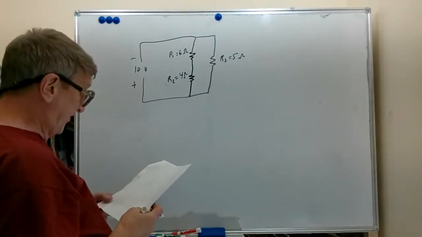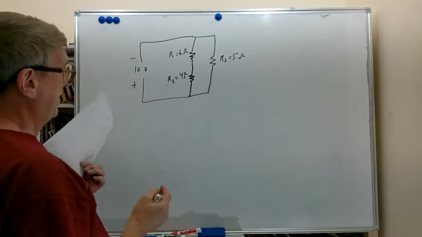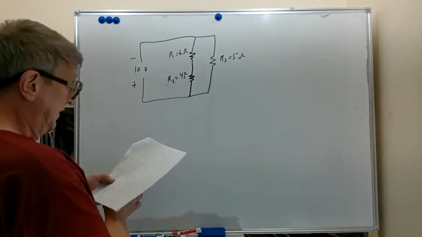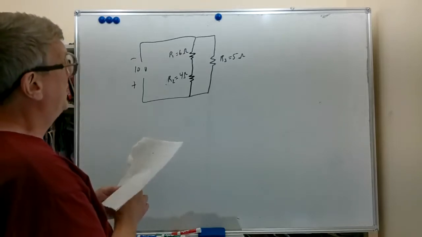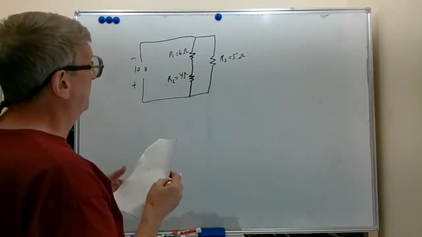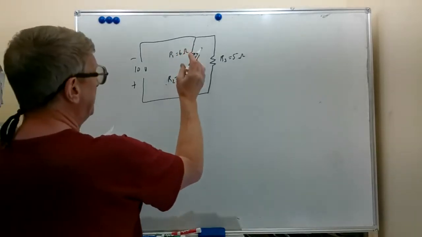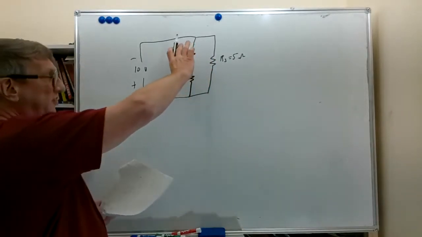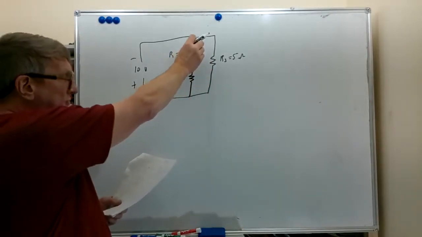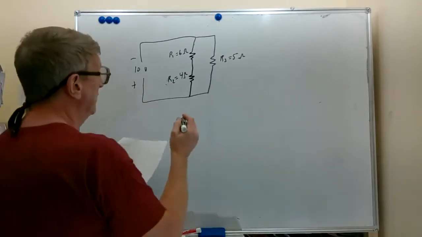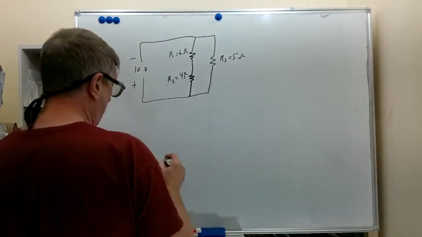Let's start by figuring out what the current in each branch is. We could redraw this, but it's pretty easy to see that 6 ohms and 4 ohms is equivalent to 10 ohms. So we'll call this branch 1.